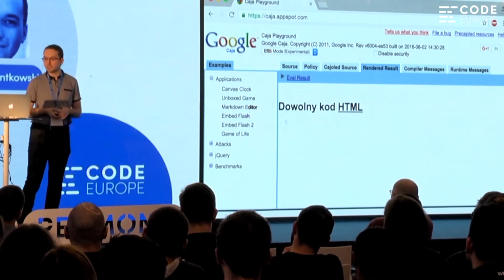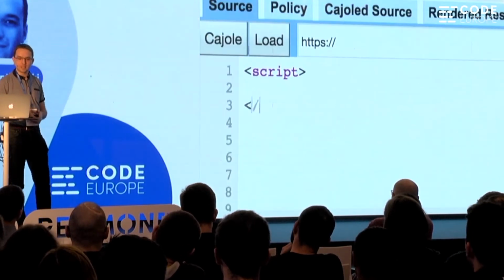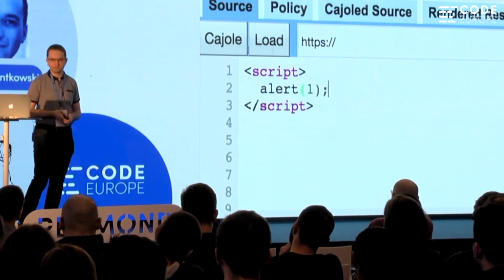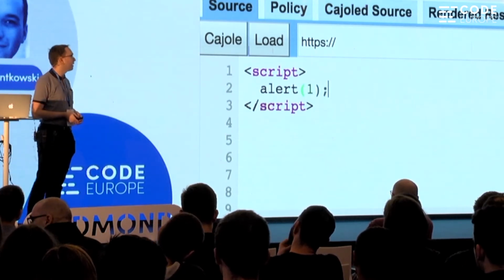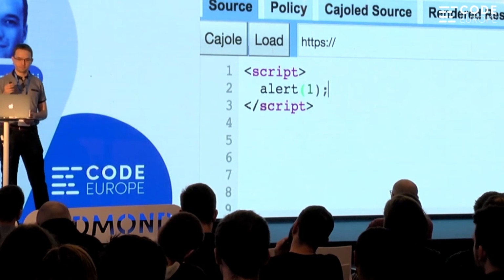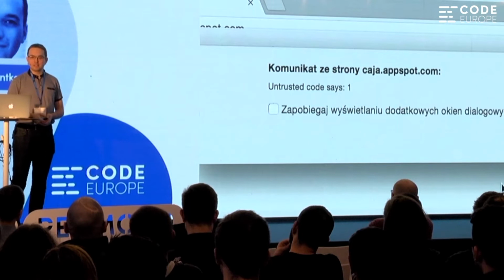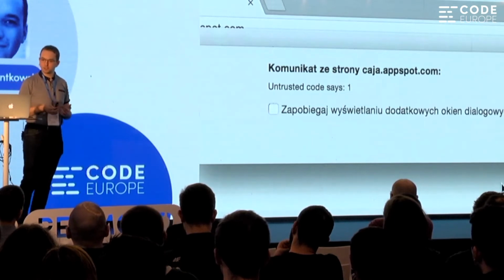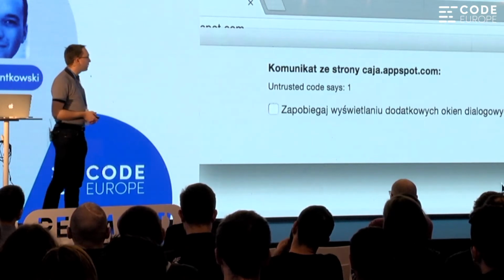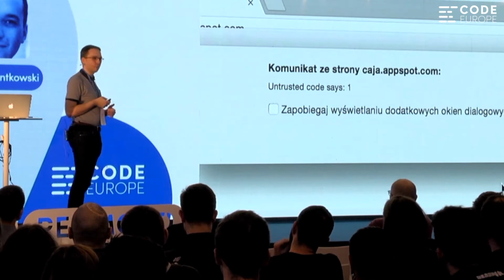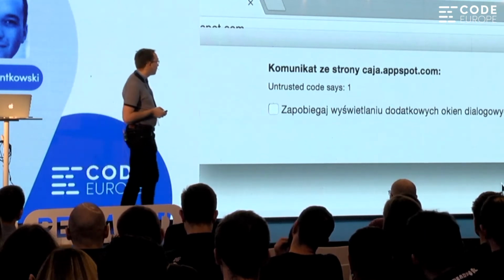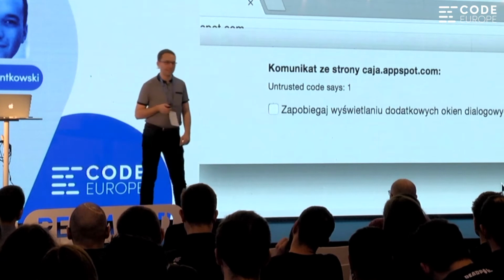OK, so let's try with something more interesting and insert some alert. As usual, we tried alert 1 in the script tag. And the alert executed. However, we can see that the argument we passed to alert is prepended with the text "untrusted code says".